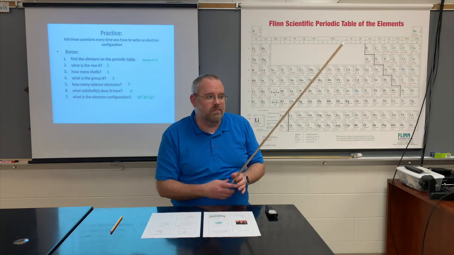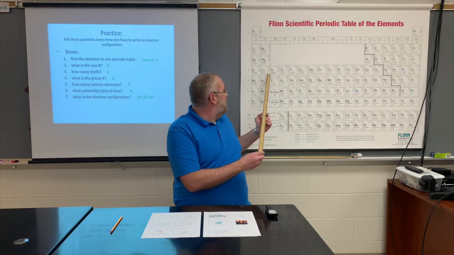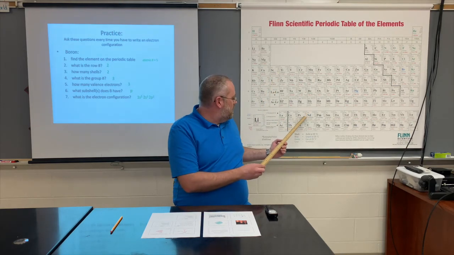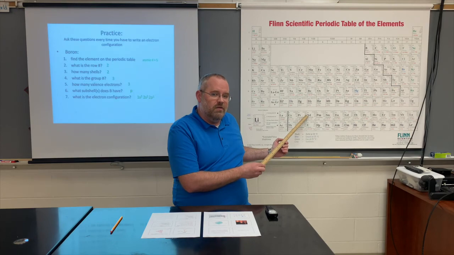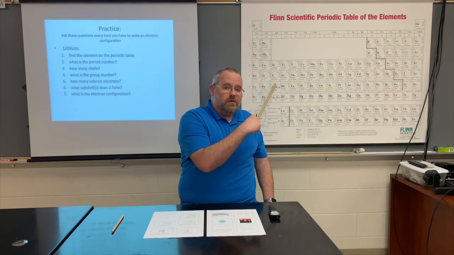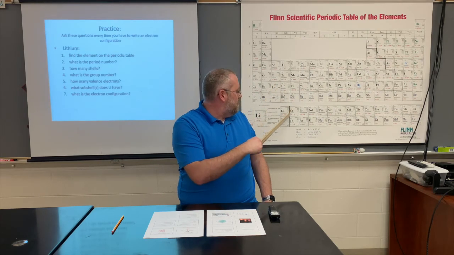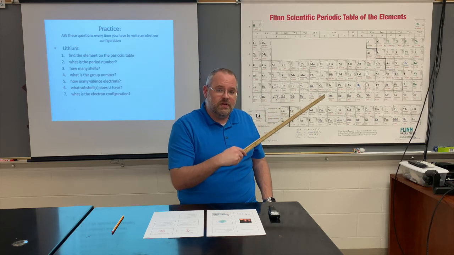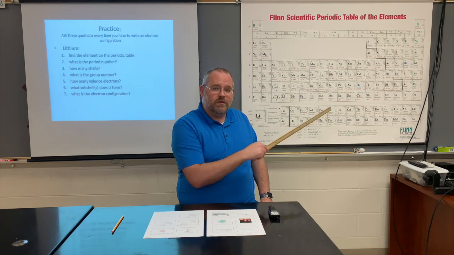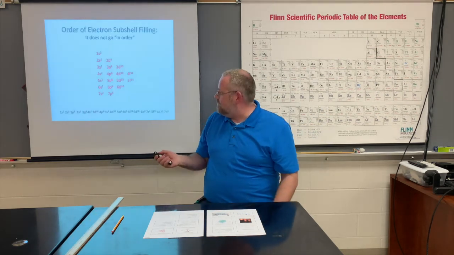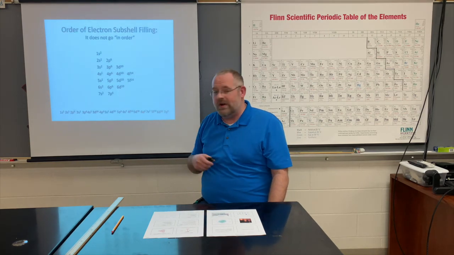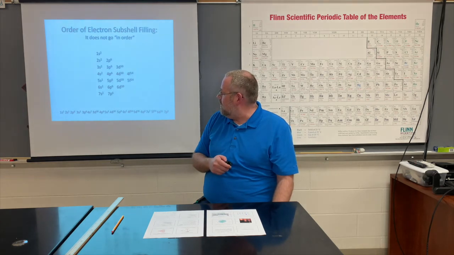Some of the ones to remember: whenever you get to right here, this starts 3d. And the tricky one is the f block. Remember, this section of the periodic table goes right here in the real periodic table. So it's important to remember that that's going to fit into that section. So when you get to 6s2, you go immediately into 4f14, which is what that graph shows us at the bottom here, 6s2 straight into 4f14.